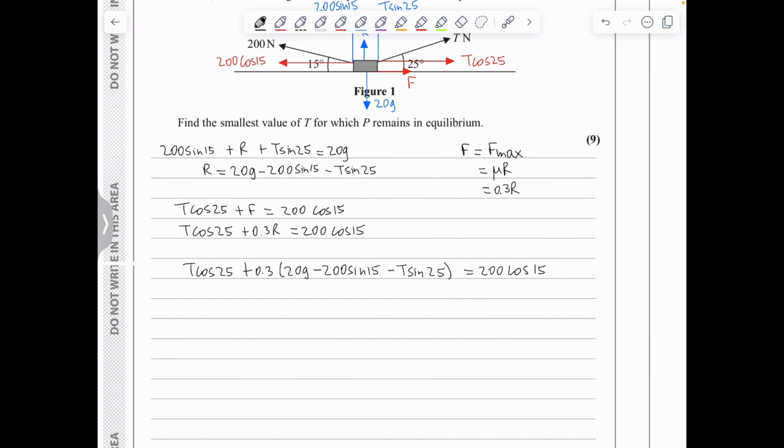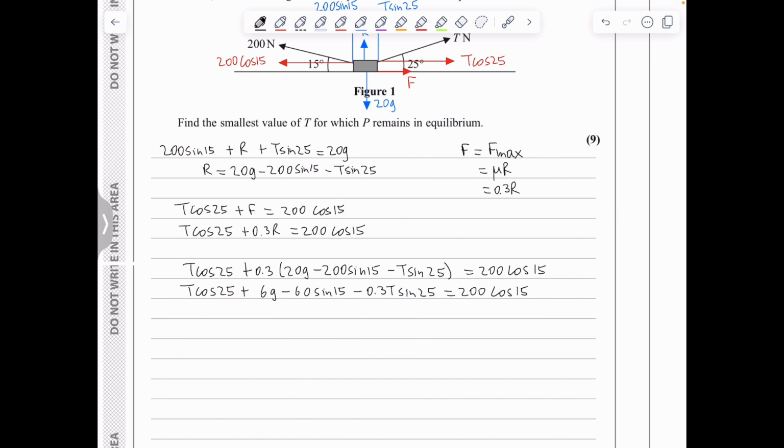I will expand to get T cos 25 plus 6g minus 60 sin 15 minus 0.3T sin 25 is equal to 200 cos 15.